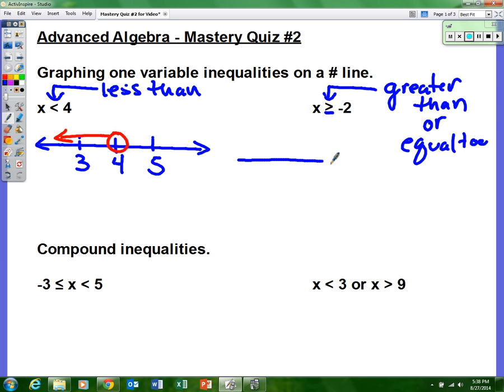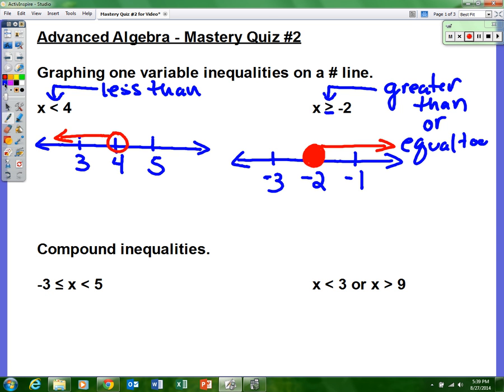Okay, number line. -2 in the middle. -1 on the right, and -3 on the left. Since the equal to is attached, that means the circle is going to be solid. Remember, that tells us that -2 is part of the solution. And it's greater than, so we shade to the right, graph to the right.